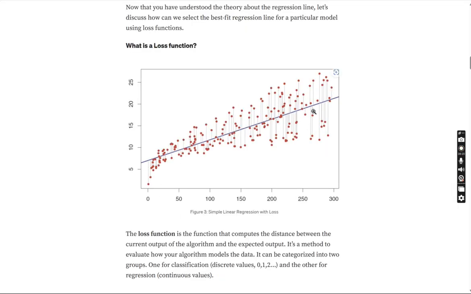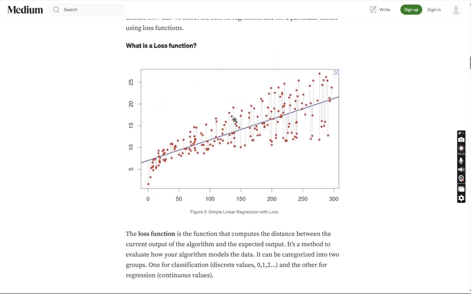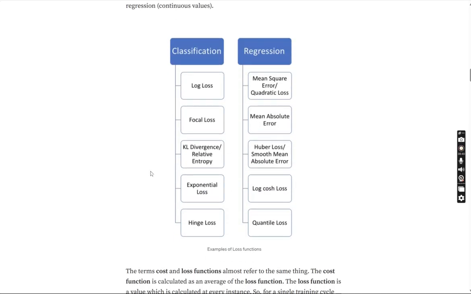First the line would be plotted like this. You have dots everywhere, and the distances, the straight thin lines, are the distances, and whatever the distances are measured, the difference is taken. There are different ways of taking the difference, by the way. Whatever the difference is taken, that would be called your loss function.